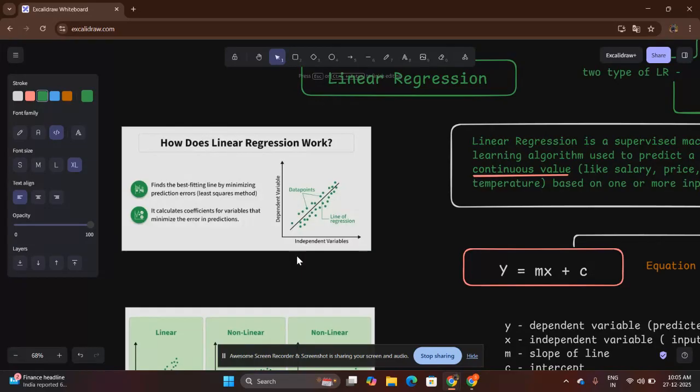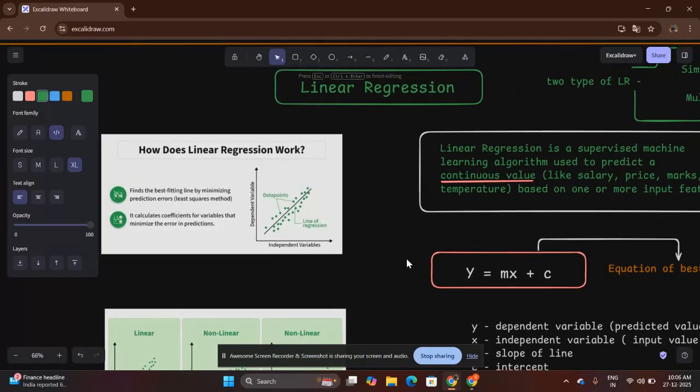As I have already explained, it tries to find the best fitting line between the data points so that the prediction error is minimum. The second line says it calculates coefficients for the variables that minimize the prediction error. That has the same meaning: it tries to minimize the error by drawing the best fitting line.